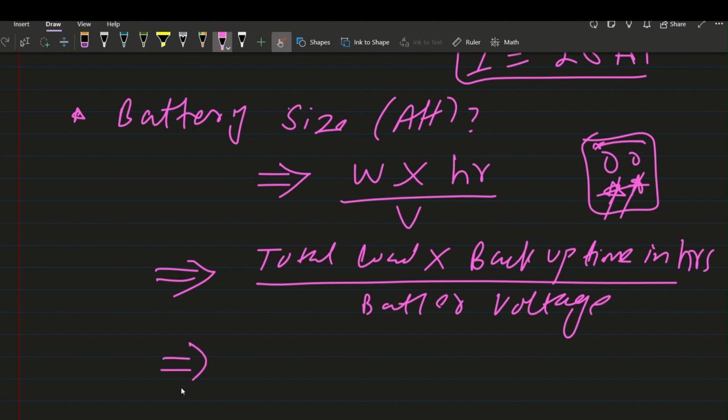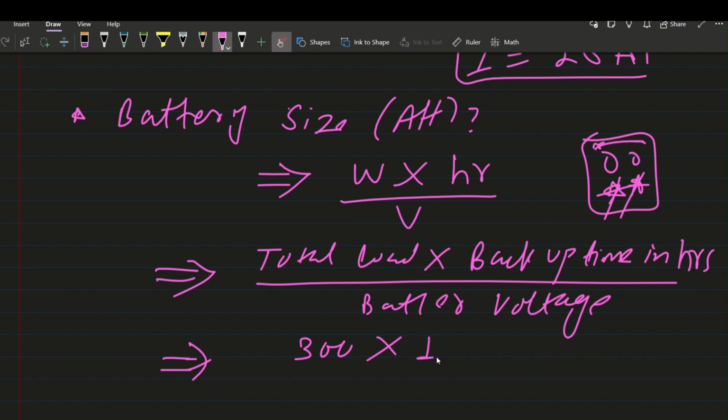Now I will put values into this. The total load will be 300 watt, because we are designing 300 watt, multiplied by backup time in hours. For example, if our light goes for 10 hours, or if you use electricity for 10 hours. You can use it for 6 hours, 5 hours, it depends upon you.